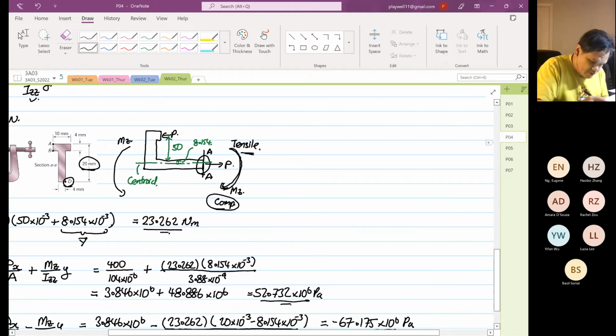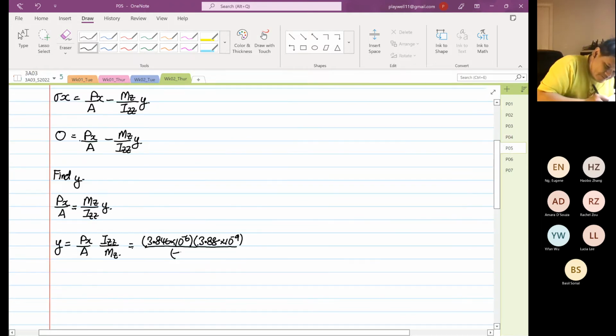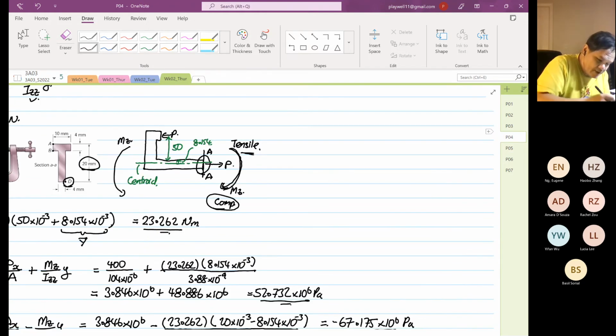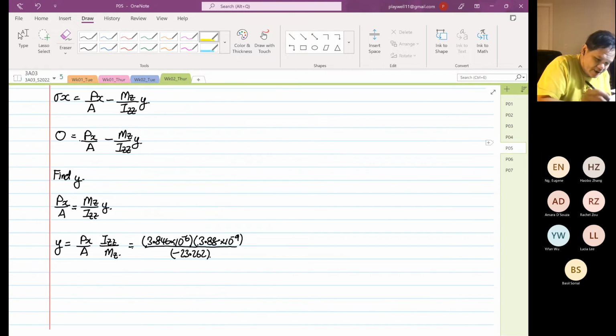So Mz is equal to minus 23.262. So you have to remember your vectors down here. Mz is equal to minus because if you look relative from point A, from the AA section over here, this rotation is clockwise, so it is negative.